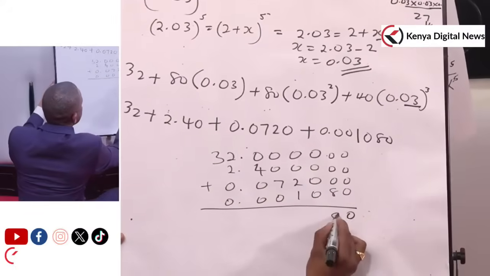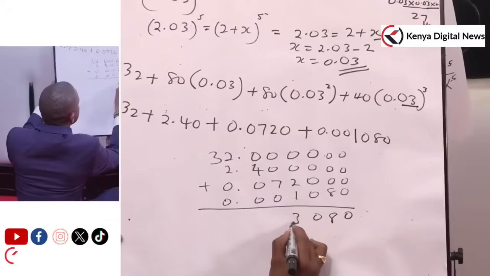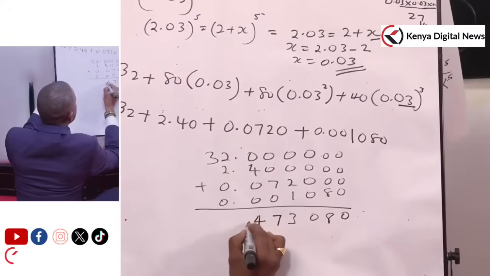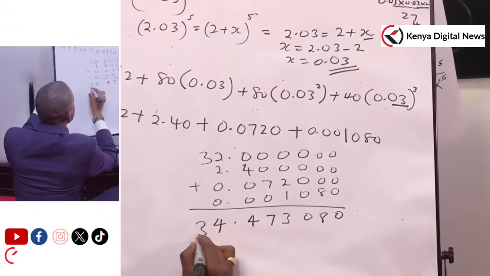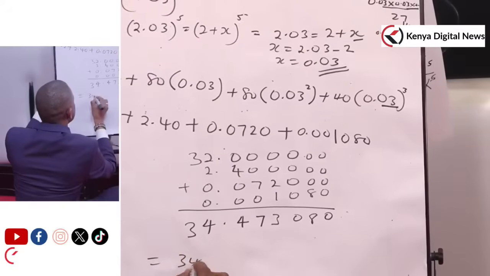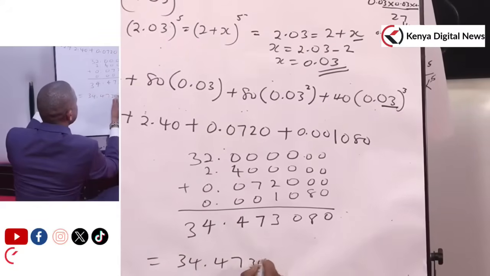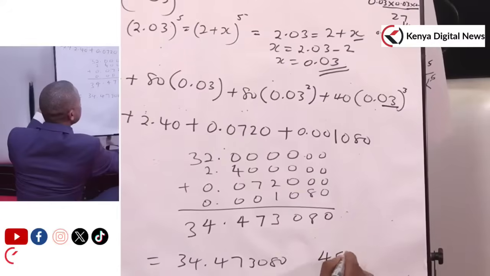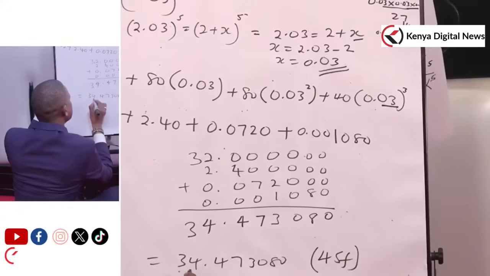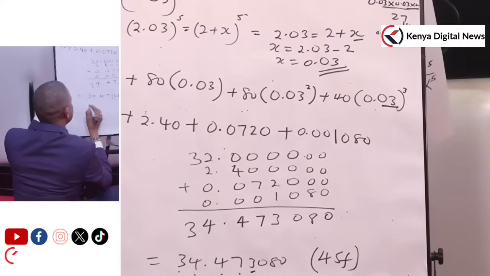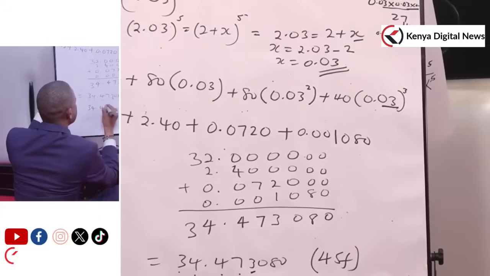So our answer is 34.473080. But they want it to 4 significant figures. 1, 2, 3, 4. This is less than 5, so this remains 7. So it is 34.47.